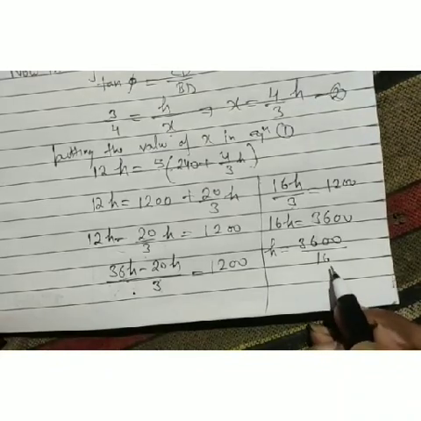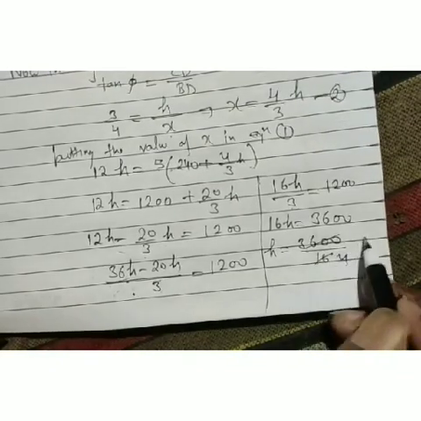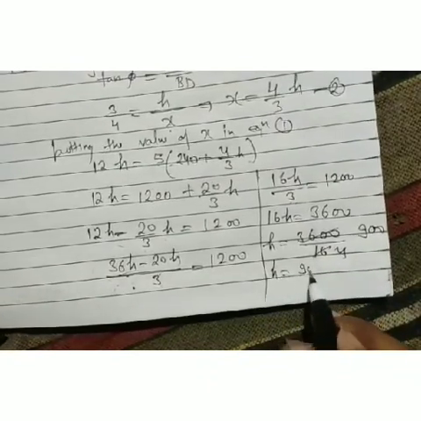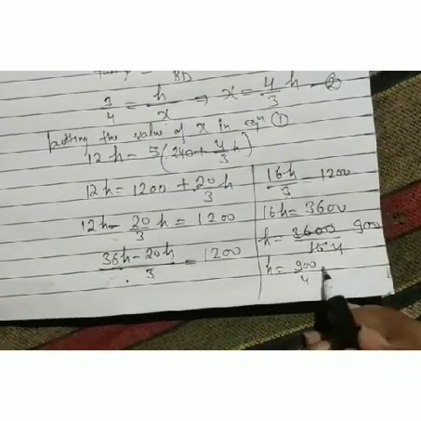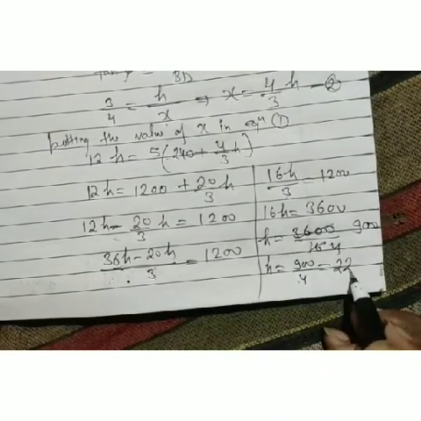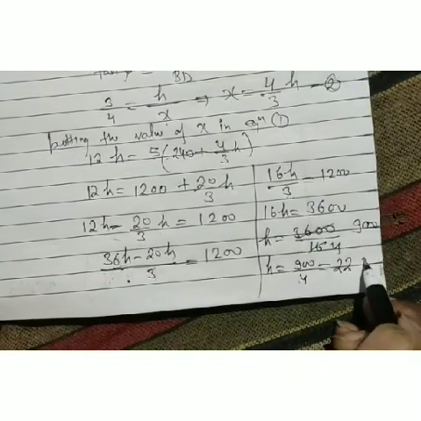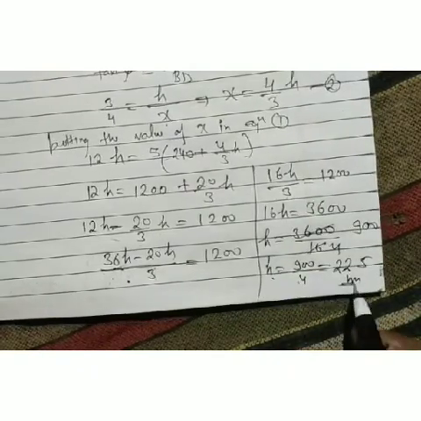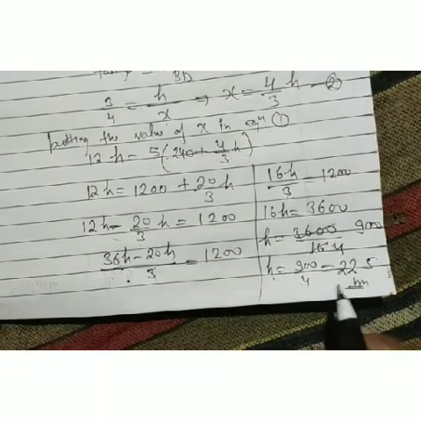Now 4 4s are 16, 4 9s are 36. Then h equals 900 upon 4. Then 4 2s are 8, and 4 5s are 20. Then our height is 225 meter. The height of the lighthouse is 225 meter. This is our problem.